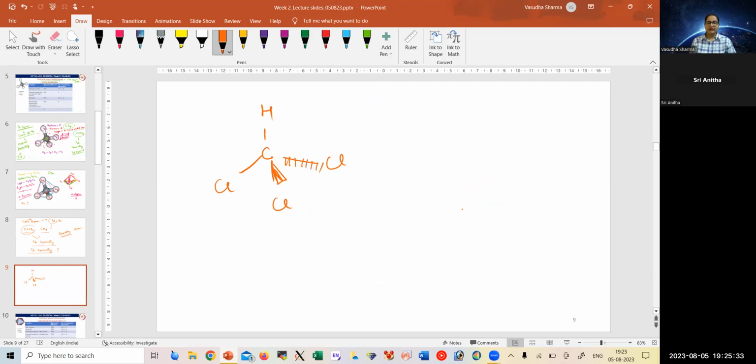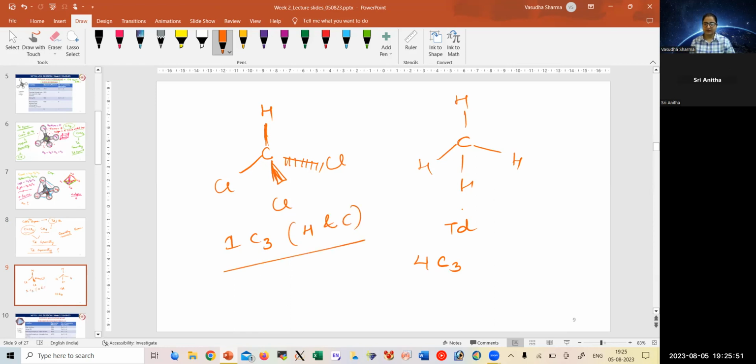Why? If I rotate it, and compare it to this one, CH, H, H, and H, this comes under tetrahedral symmetry. Why? Because this has 4 C3s, but here only 1 C3 is there, which passes through the carbon and H. C3 means that you have to rotate the molecule along an axis.